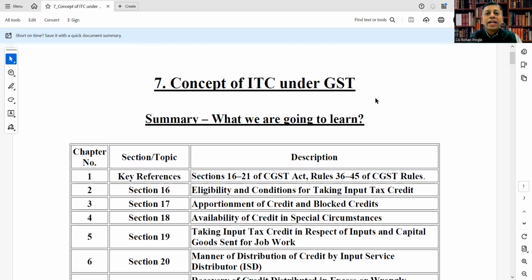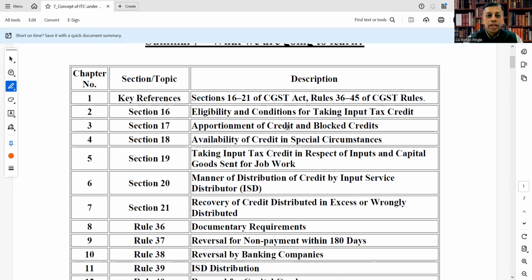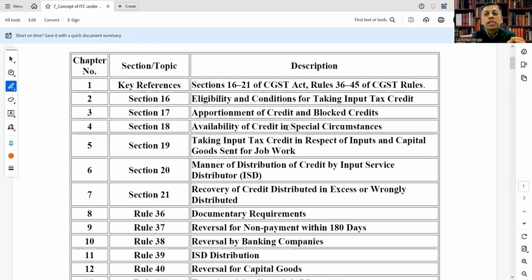Concept of ITC under GST. Let's see what we are going to learn today. Key references: Section 16 to Section 21 of the CGST Act, Rules 36 to Rule 45 of the CGST Rules.